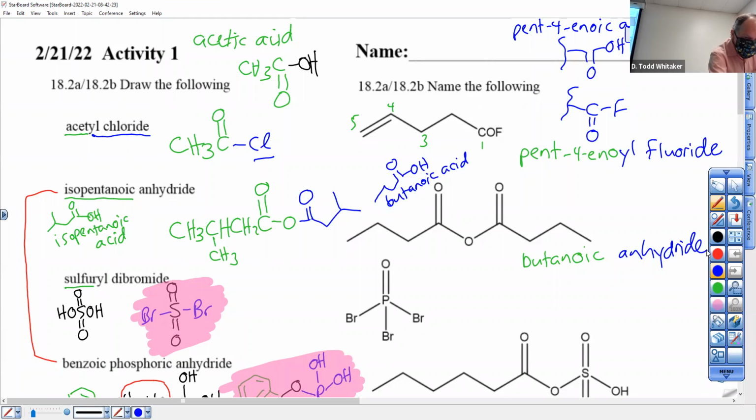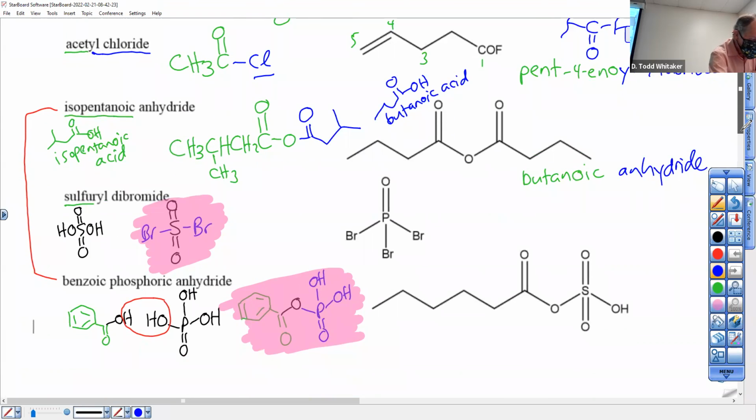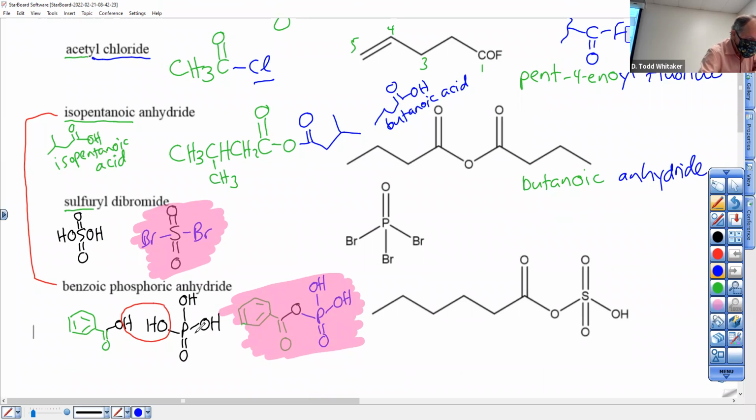I have phosphoric acid on the screen already. You see it down here? Yeah, phosphoric acid. I didn't write its name. There it is, phosphoric acid. What are the rules? It's an acid halide.